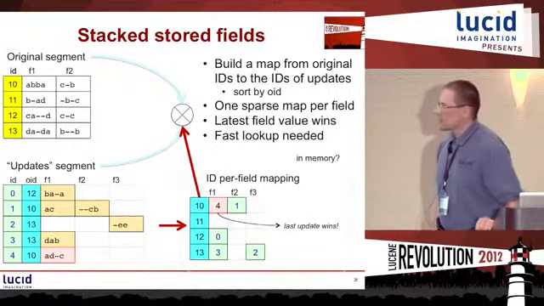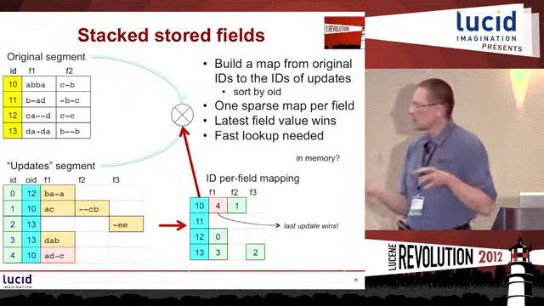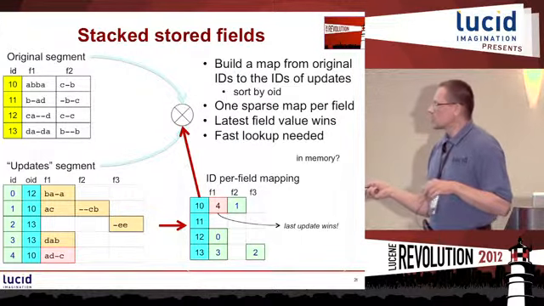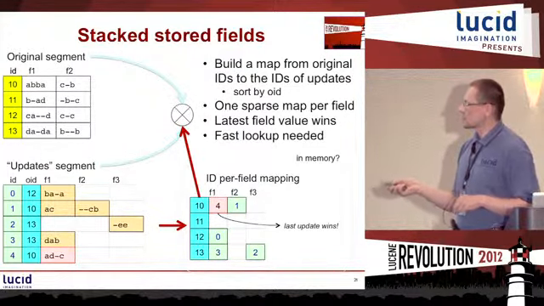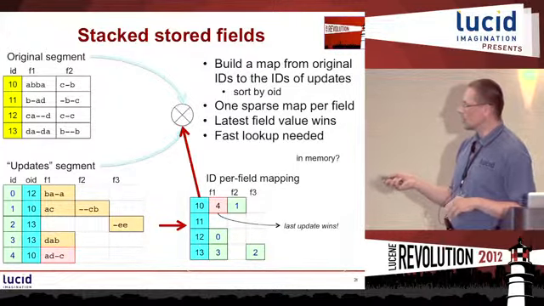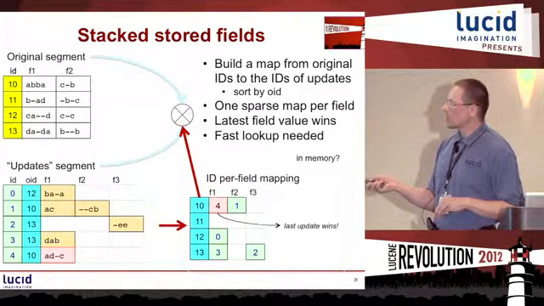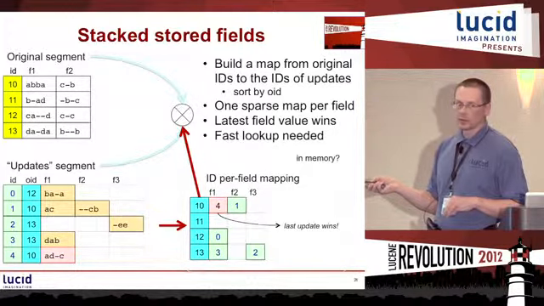So, as I mentioned before, we have this mapping. From this data here, we can build this mapping table. So for each field, we have this sparse table that tells us, okay, for the original document ID, the new document ID for field 1 that you should read from is number 4.